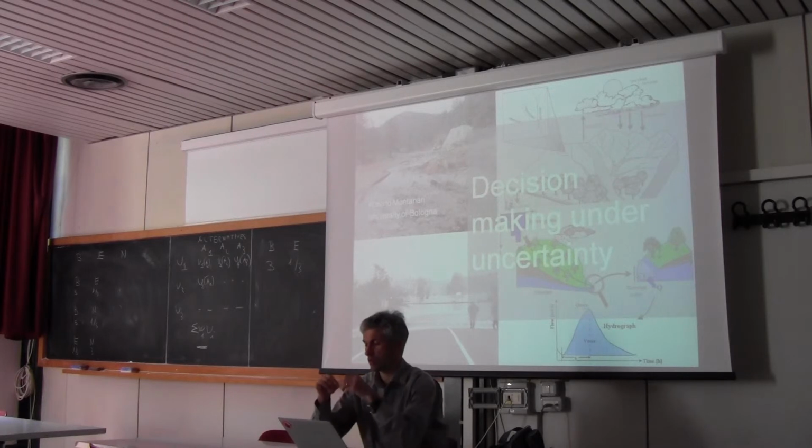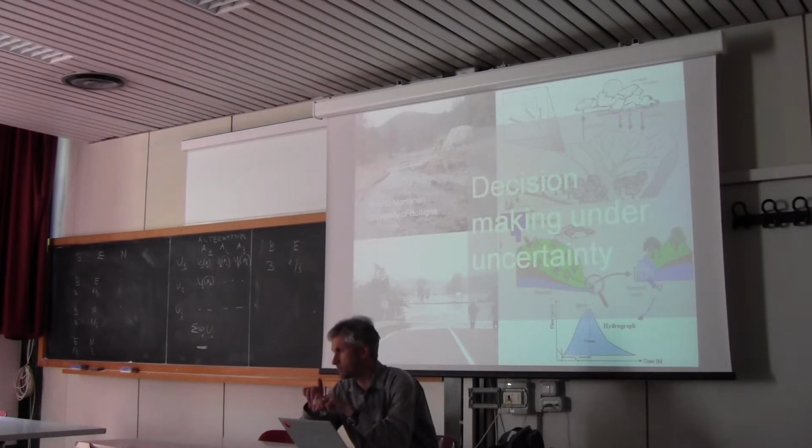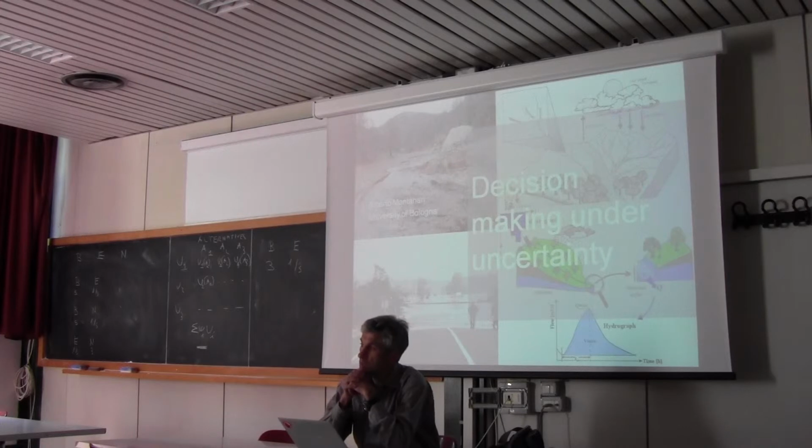But this function contained a couple of parameters, A and B. So the net benefit depended on two parameters, A and B, and we didn't consider the case in which A and B could be uncertain, meaning that instead of having a fixed and certain value, they may be uncertain.